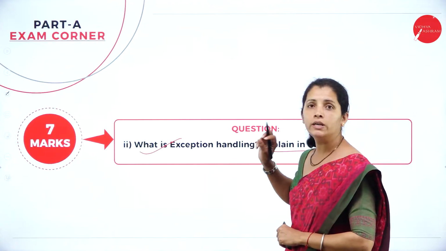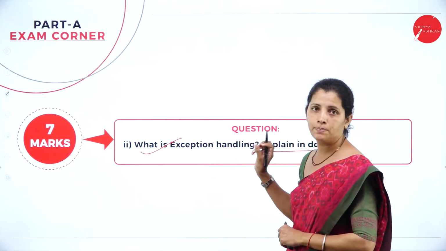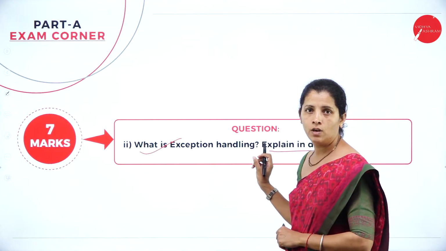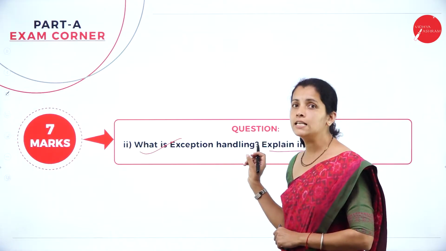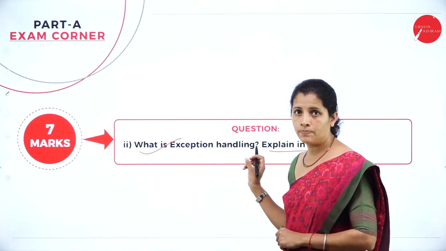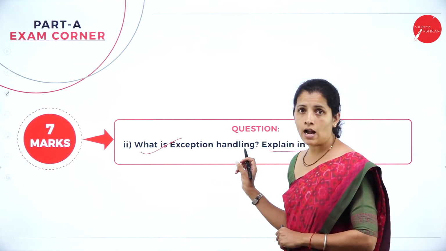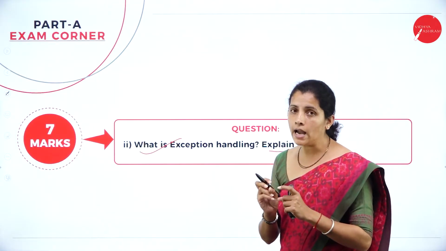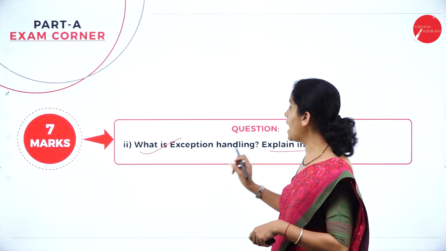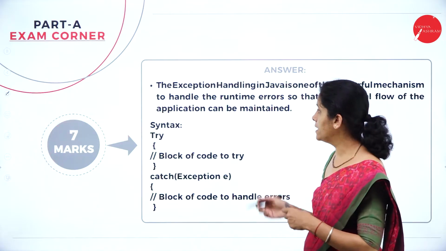So, I want to tell what is exception handling. Okay, so what is exception handling? Exception in the sense what? Errors. And in Java, to handle all kinds of runtime errors, I'm going to have exception handling.